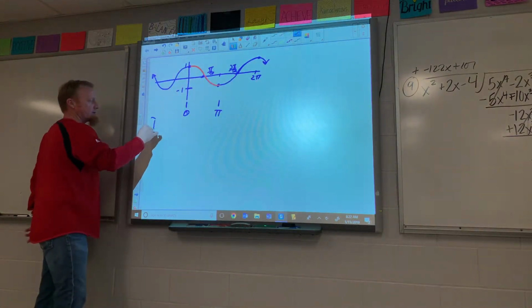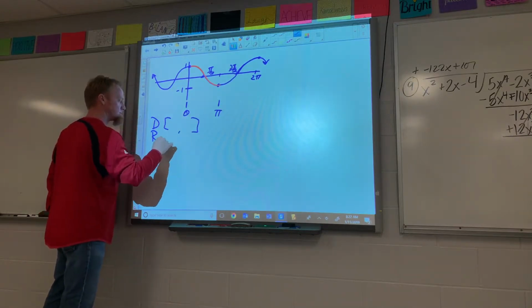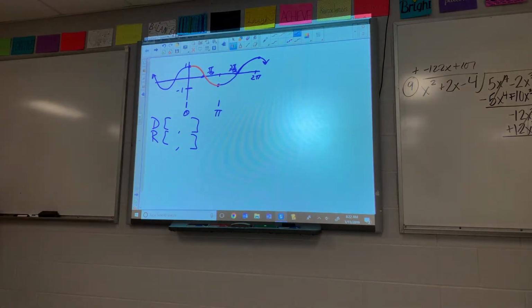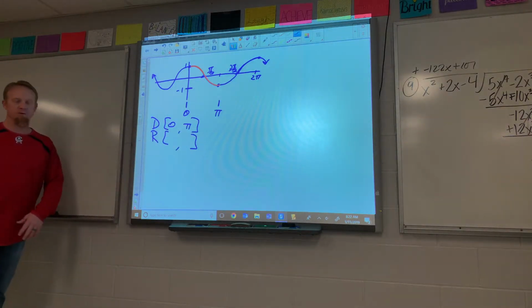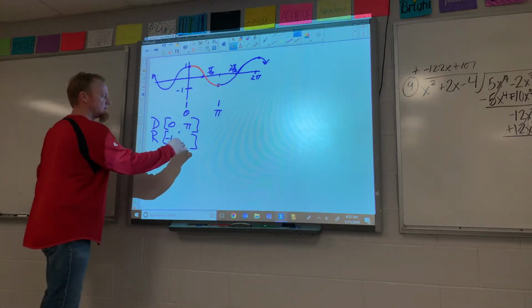All right. So we want the domain and range for this little window. Okay. So what's the domain for that window? Where does it start? Where does it stop? 0 to pi. Very good. Okay, then we want the range. What's the bottom? What's the top? -1, and the top is 1.